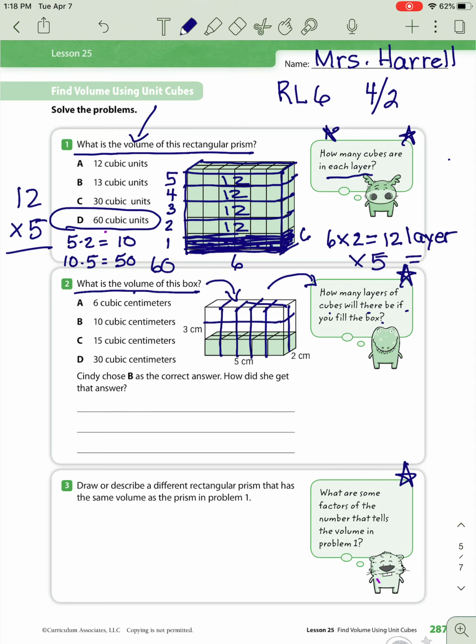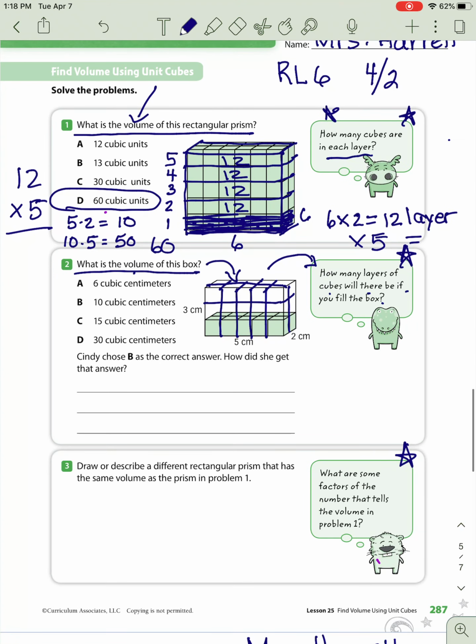Now I've got to bring, this one is really tricky up here, okay? Now we can see that we have 3 layers. Here is a layer, 1, 2, 3, 4, 5. That's why this is 5 centimeters. They go back 2, 1, 2. That's why this is 2 centimeters. So what is 5 times 2?